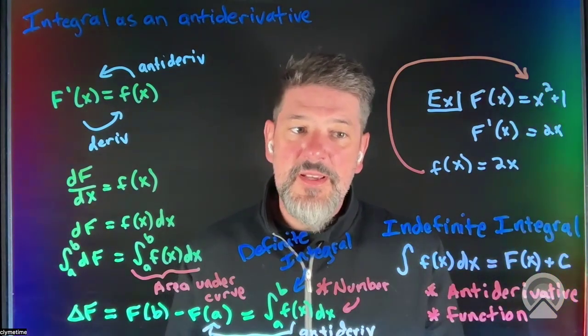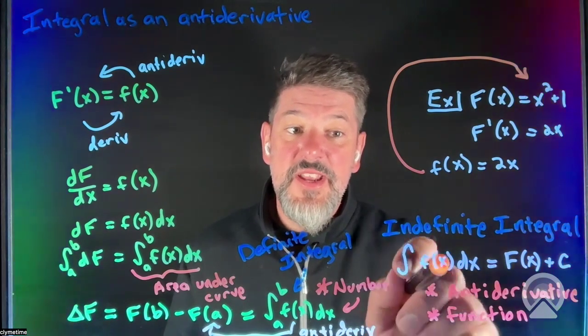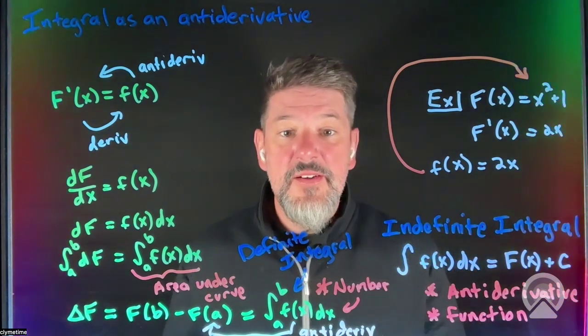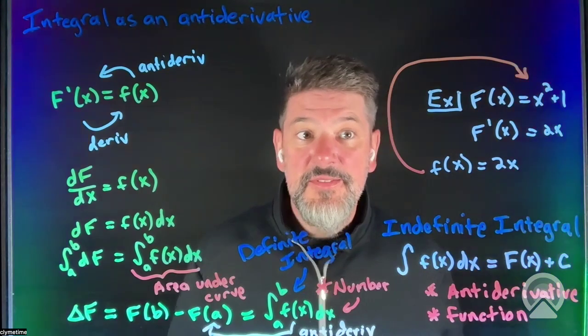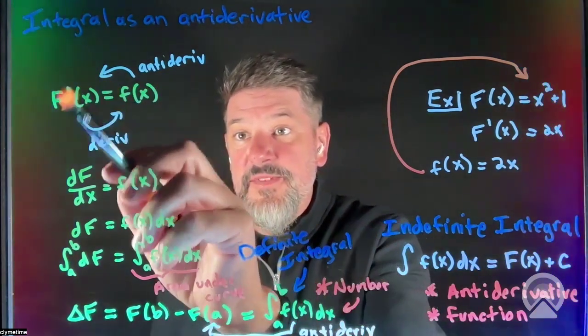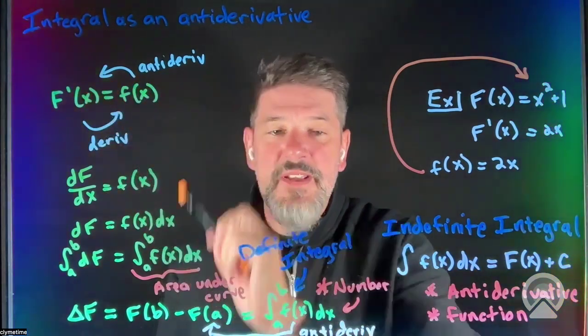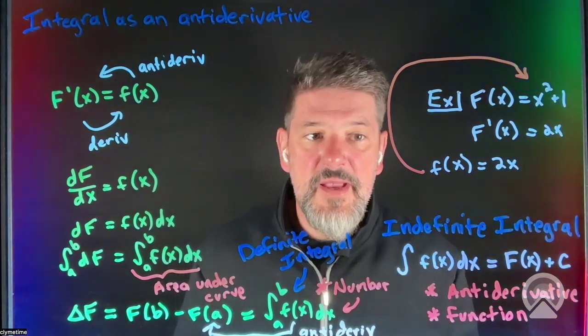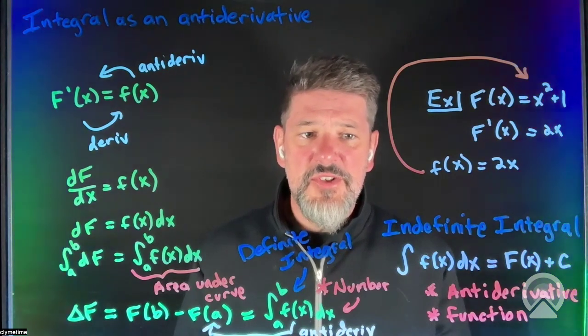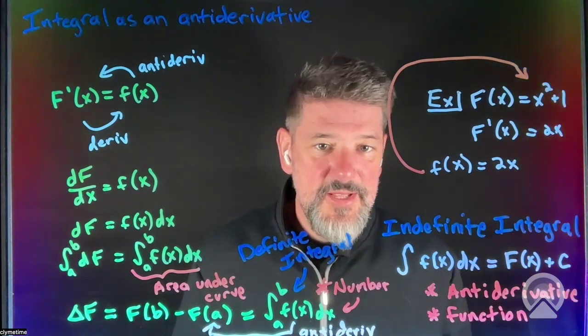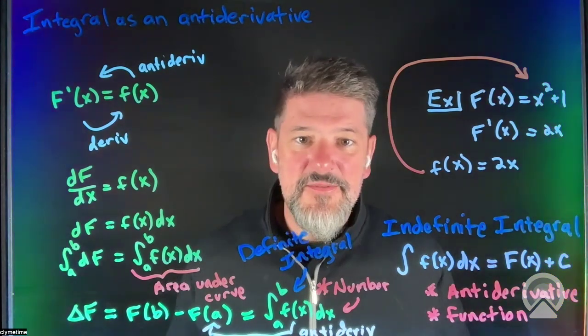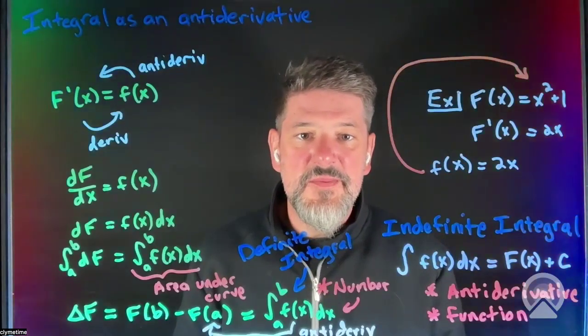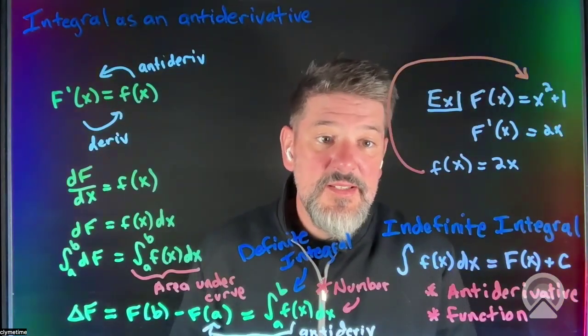Now, real quick, not every function has an antiderivative. While every function has a derivative, so every capital F function will have a derivative, little f, not every little f function will have an antiderivative, capital F. So antiderivatives are tricky. There's a whole long list of processes to try to find antiderivatives, but not every antiderivative even exists.